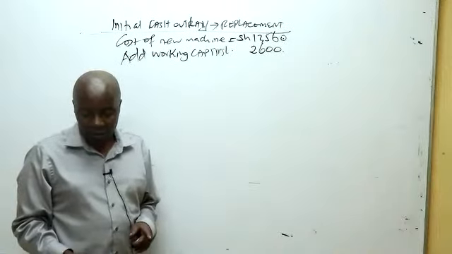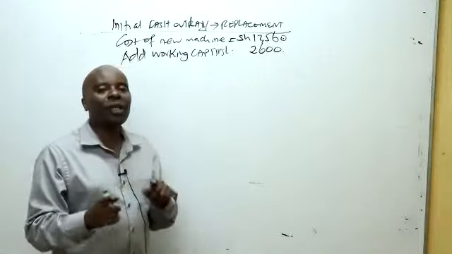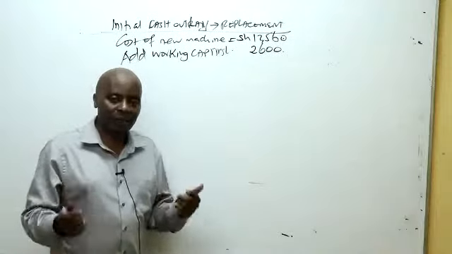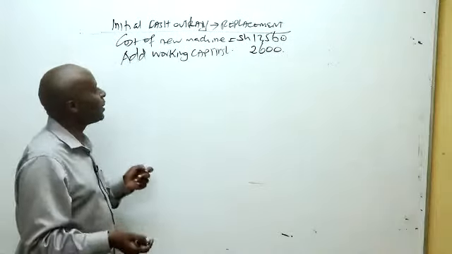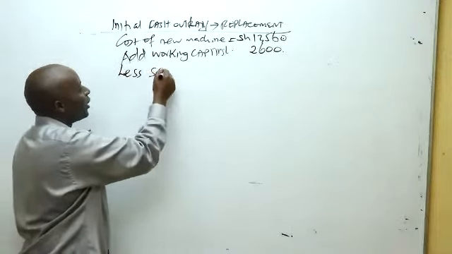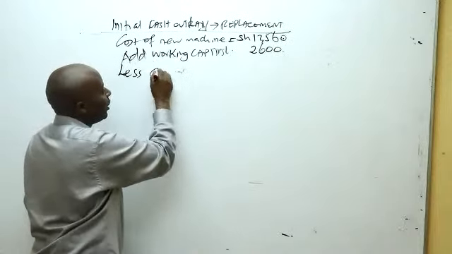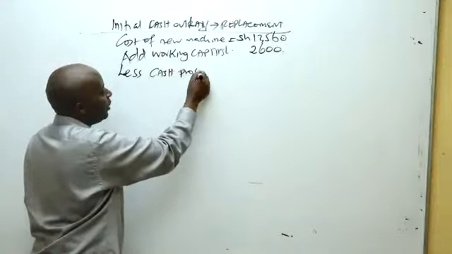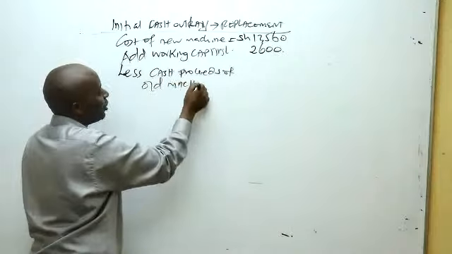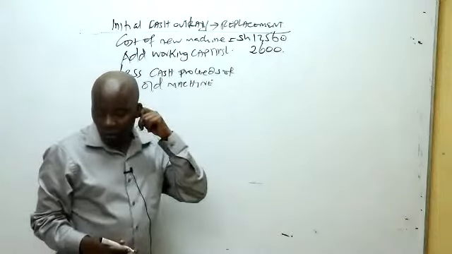Now, ladies and gentlemen, once I have that, I have to think about something very, very important, which is on replacement, the old machine is going to give me some money. So this old machine giving me some money, it will be a relief for us. So in this case here, less the scrap value, or rather the cash proceeds of old machine.